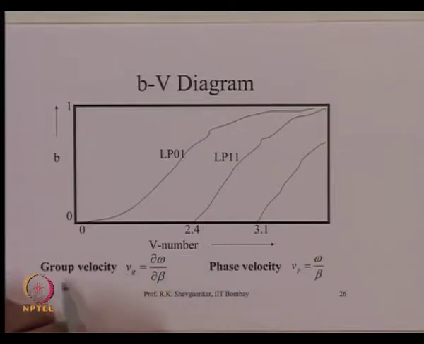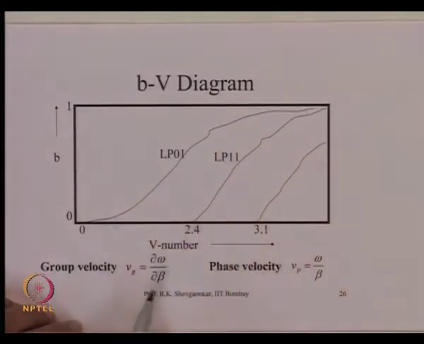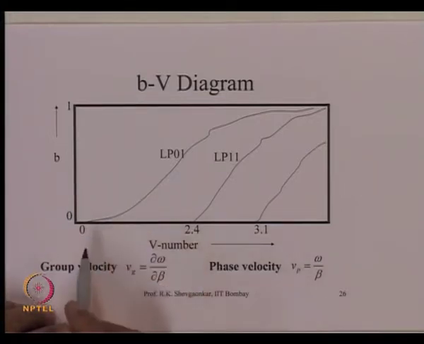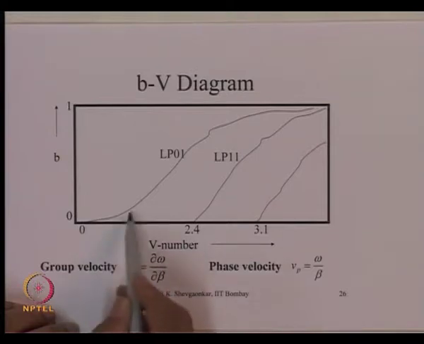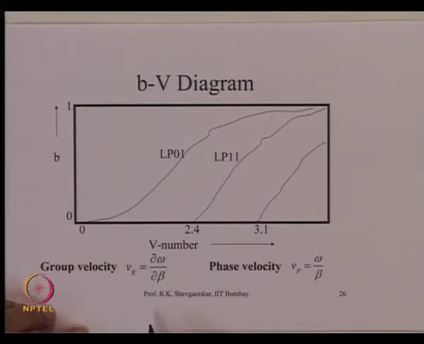Whereas this quantity here, group velocity, which is d omega by d beta, is related to the slope of this function. So, if I go to the curve somewhere here, essentially you will see that the slope of this will give me d beta by d omega, which is 1 upon this quantity here.